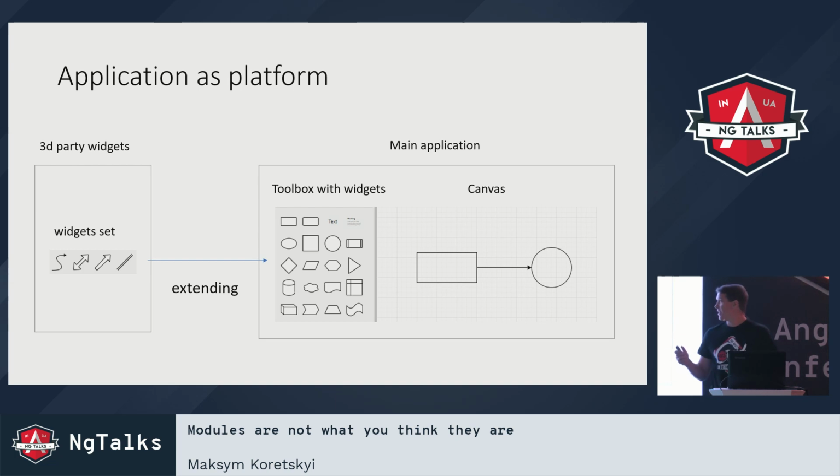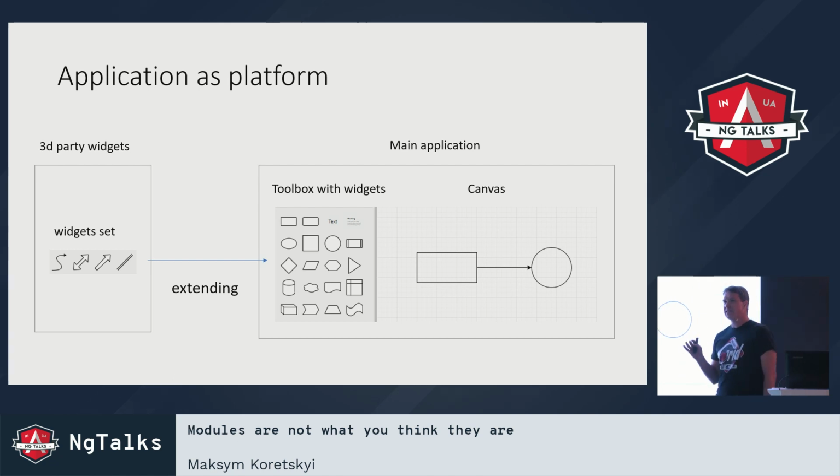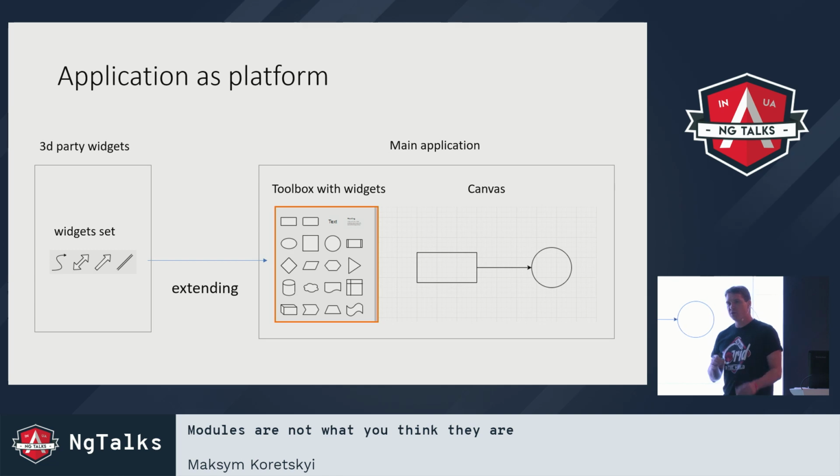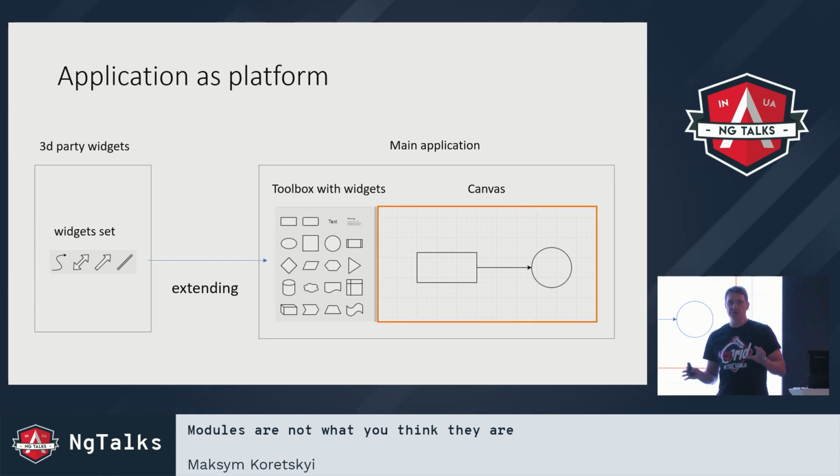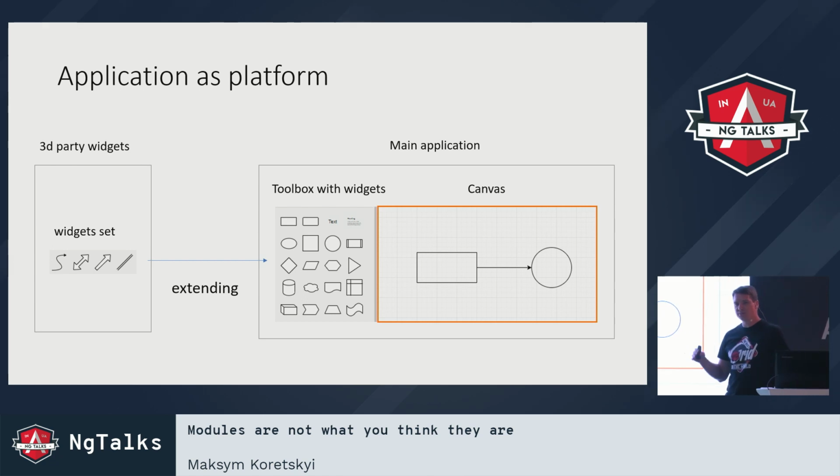So here, this diagram represents the application I was working on. Basically, it's very similar to a diagram designer. So we have a toolbox with widgets, right? We just pick a widget, drag and drop it on the canvas. And when we have a few of these widgets, we can make connections between them and draw a diagram.